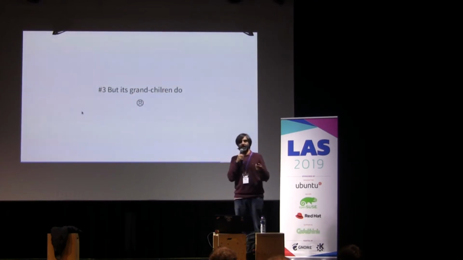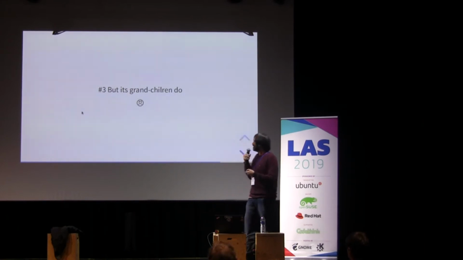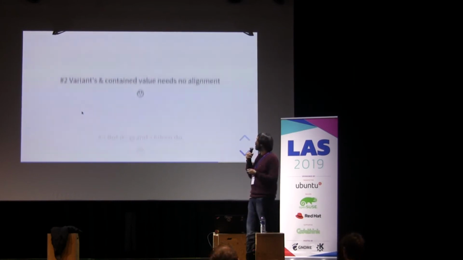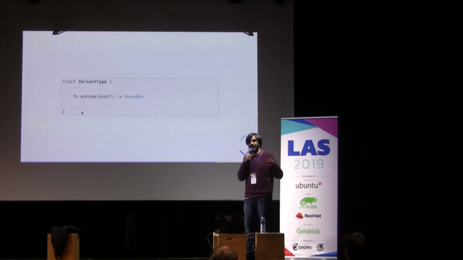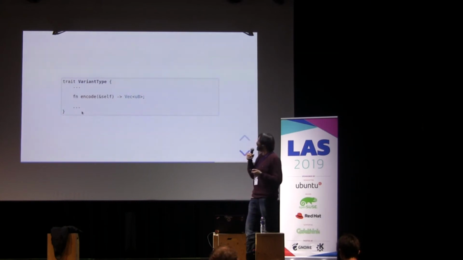So if you have a hash map inside a variant, then the variant and the hash map do not need alignment, but the keys and the values in it do need alignment, and that makes things really difficult, because you have to pass the whole information to the encoding in there, that, oh, you are inside, you shouldn't be aligning yourself, but you should only be aligning your children. So yeah, the current API doesn't take care of that.